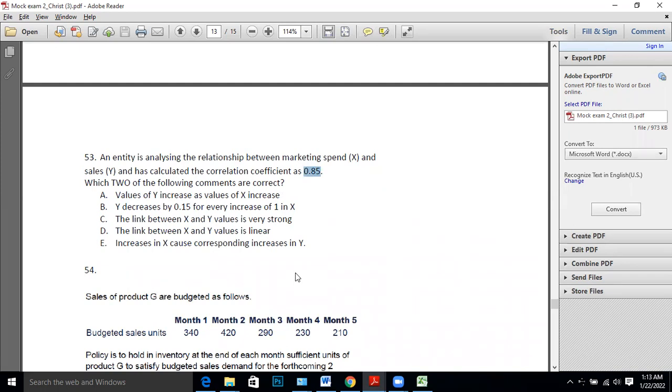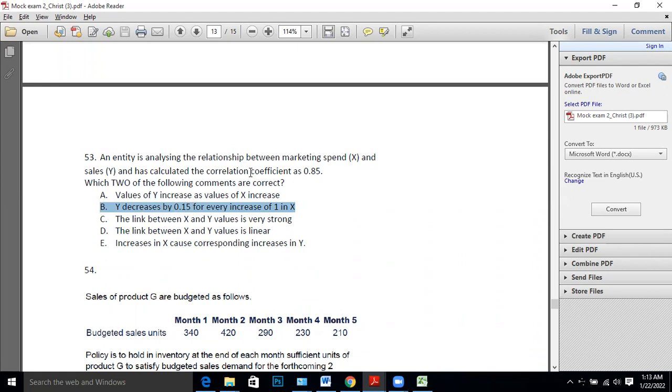Y decreases by 0.15 for every increase of 1 in X. No, it doesn't say anything like that. To say this, you need the value of B. When we write Y equals A plus BX, that value of B would describe this, not the coefficient of correlation. The link between X and Y values is very strong. Seems to be right, yes.